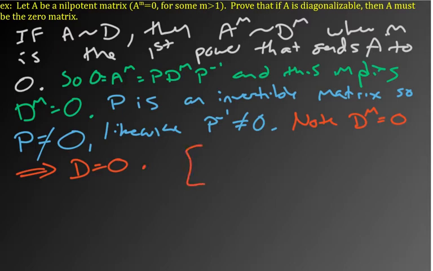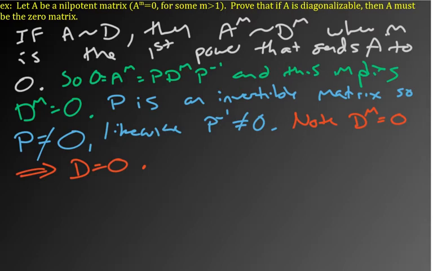If you have some diagonal matrix and you're raising it to a power, whatever these entries are, you raise them to the power, and the only way you're going to get the 0 matrix, for whatever size it is, is if these things along here were 0. So we know that D has to be the 0 matrix.